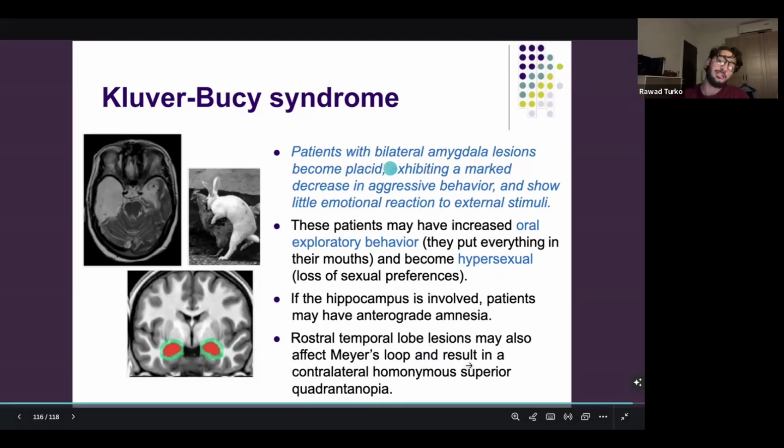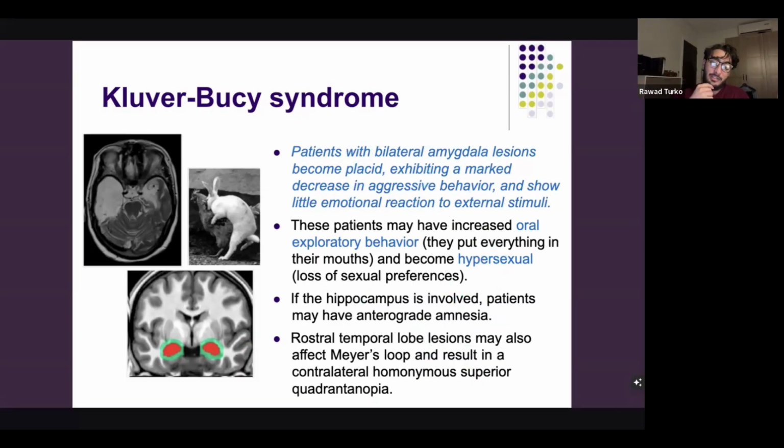And this is the disease that I was talking about that could also be caused by HSV-1 encephalitis. So pay attention: if it's temporal lobe encephalitis, just know that the amygdala and the hippocampus can be affected.